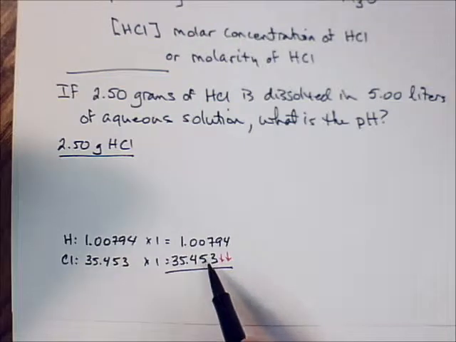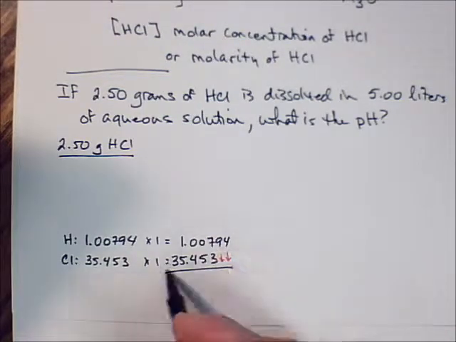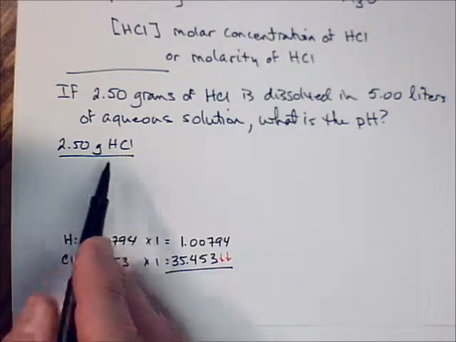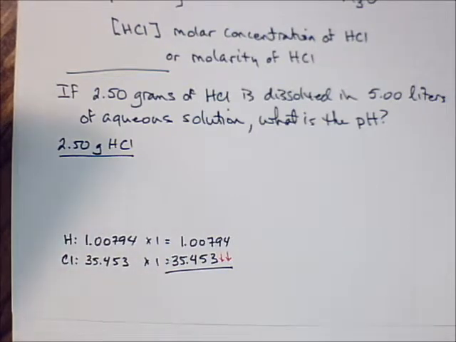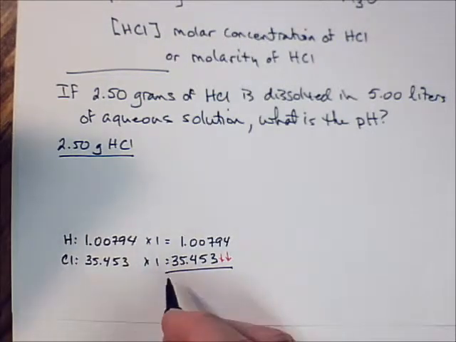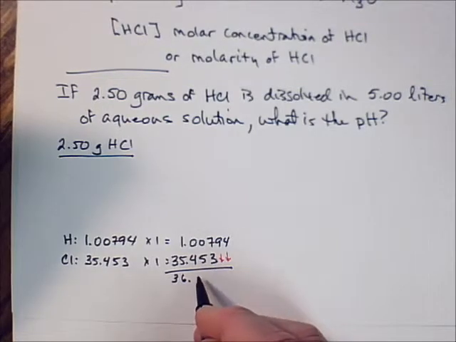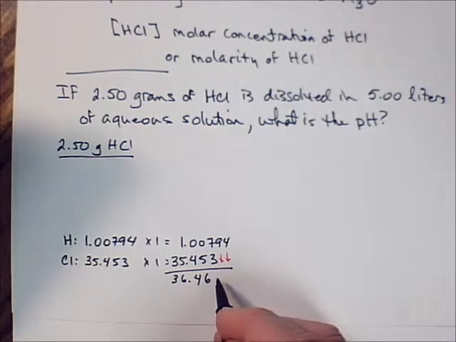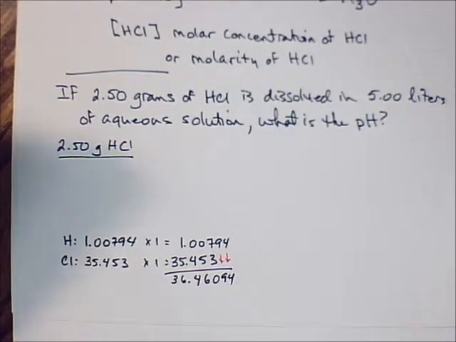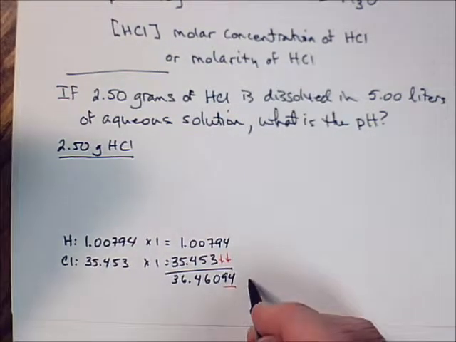I'm going to add up the sum of all the atomic masses of all the atoms in this formula, HCl. Two decimal places, two insignificant digits.